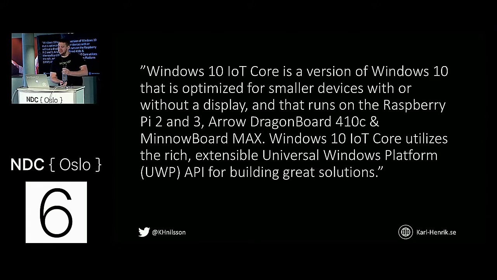The Windows 10 IoT Core is a version of Windows 10 that is optimized for smaller devices with or without a display that runs on Raspberry Pi 2 and 3, Arrow Dragon Board 410C, and Minnowboard Max. Windows 10 IoT Core utilizes the rich, extensible Universal Windows Platform UWP API for building great solutions. That sounds like a marketing pitch for MVC, right? Not a hardware device.